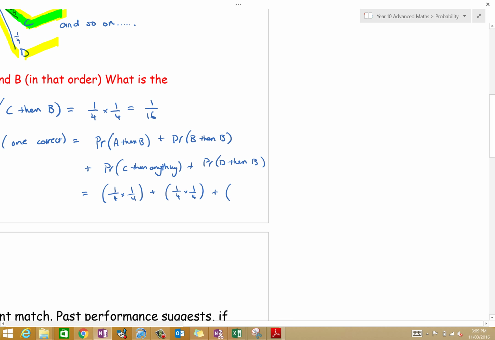Well, if we don't care which one, the probability of C is 1/4, and then we've got 4 out of 4, or 1, because he's got one correct anyway. So that is times 4. It's actually 1/4 times 4 over 4, which is 1. And then the probability of D then B is a quarter times a quarter.